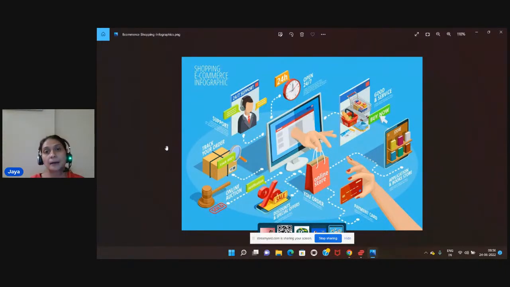So feedback becomes an important tool for business as well as for the e-commerce industry. QR code is really an important ingredient when you are talking about the e-commerce industry. So, what are the takeaway points, or the benefits of using a QR code?